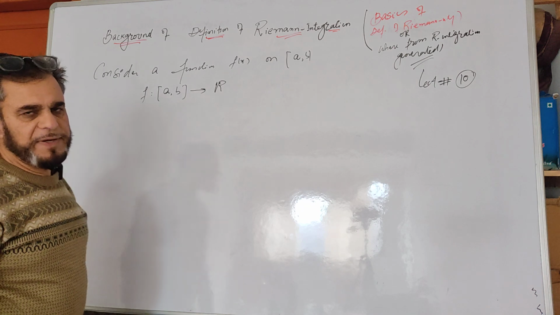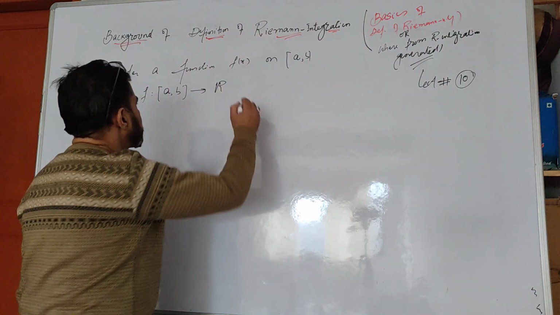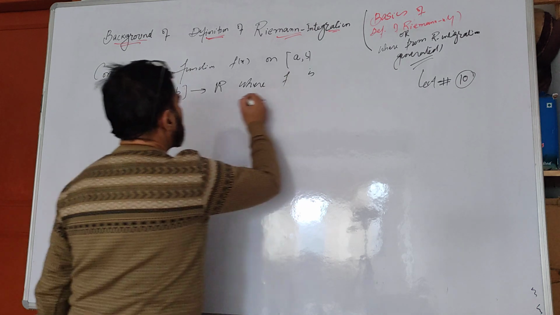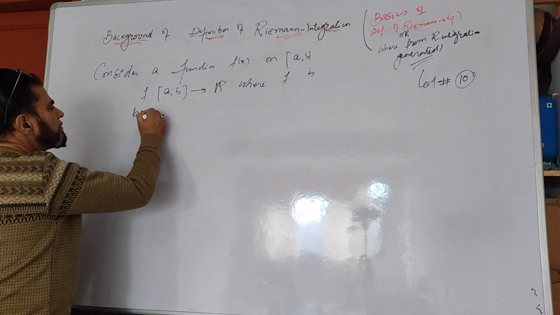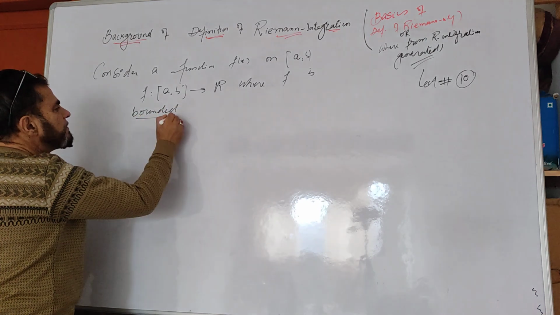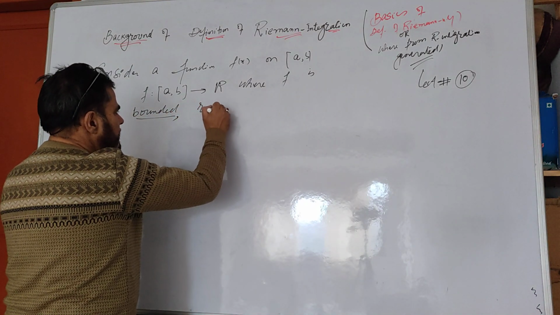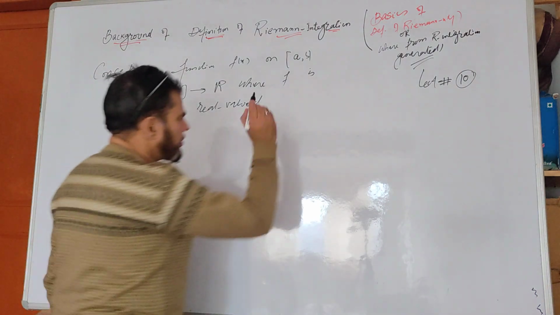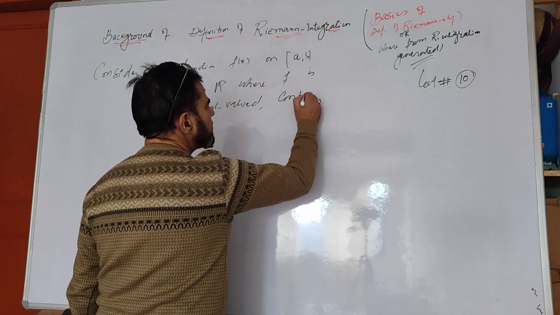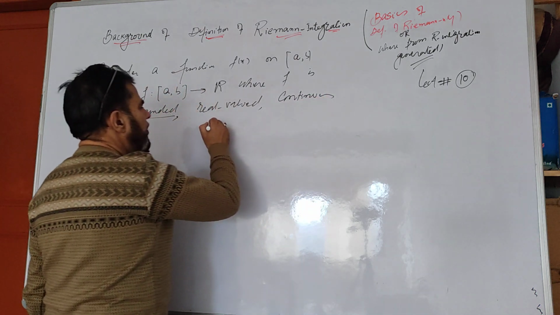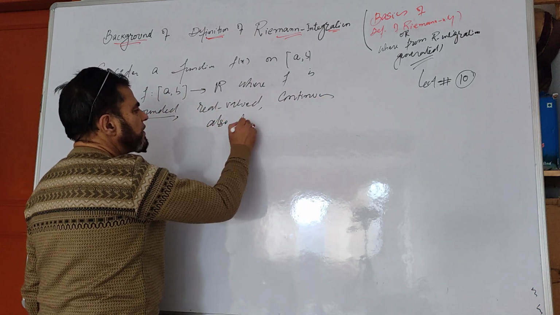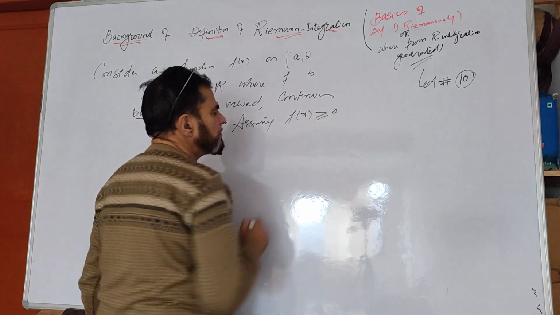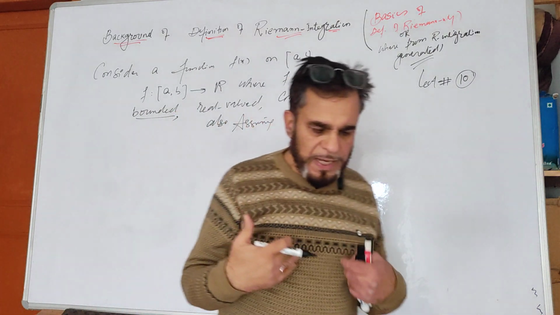It is a terminology of this, where we assume f is bounded, real valued, continuous, and also assuming f(x) is non-negative. That is, we are taking it as graph above x-axis.